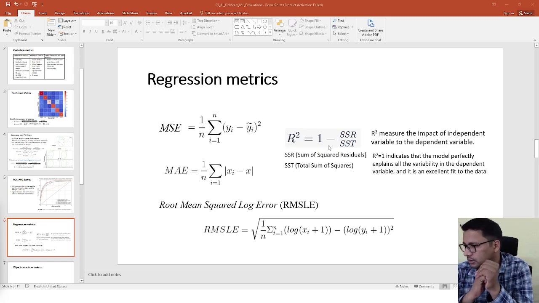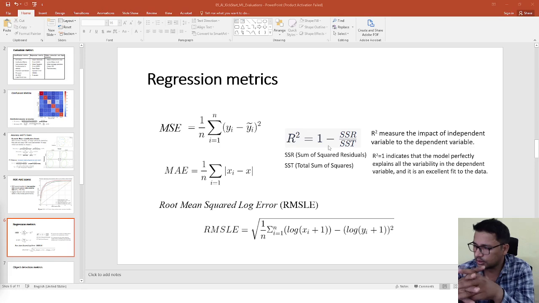And the R square measure is another evaluation metric which measures the impact of the independent variable on the dependent variable. If R square is equal to 1, it indicates that the model perfectly explains all the variance in the dependent variable, and it is an excellent fit of the data.